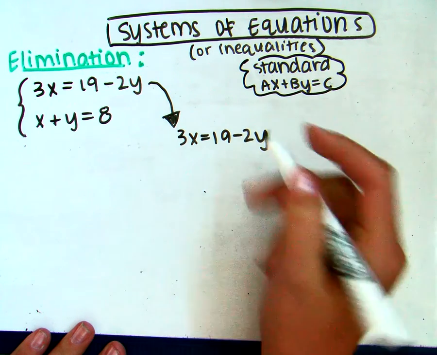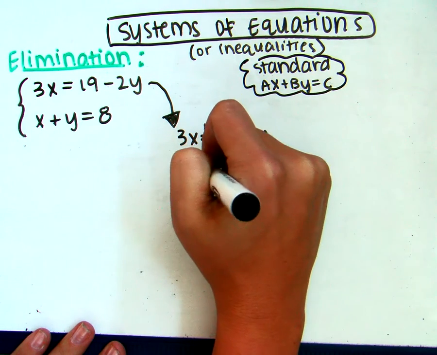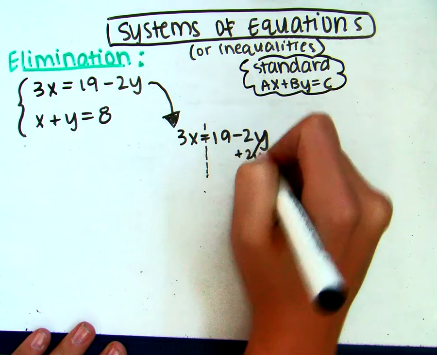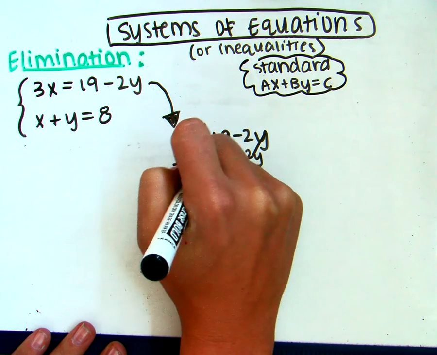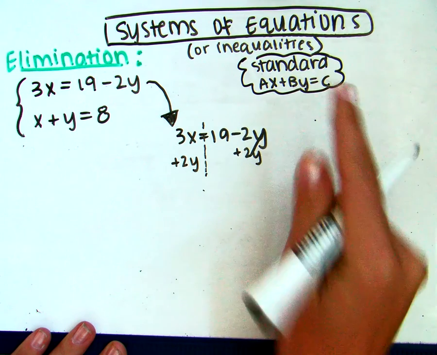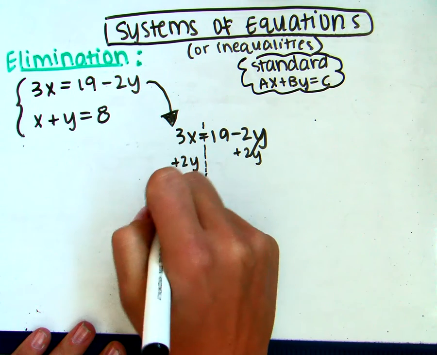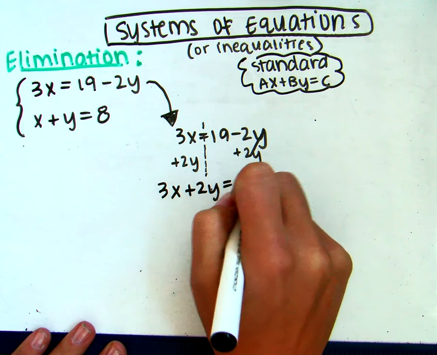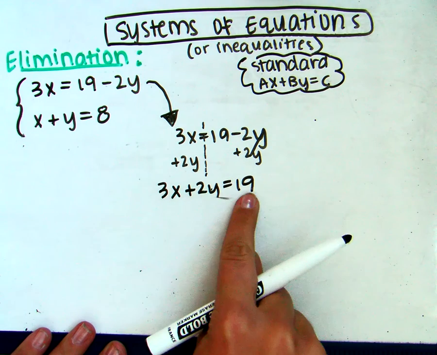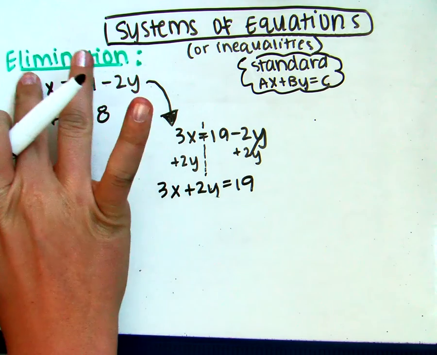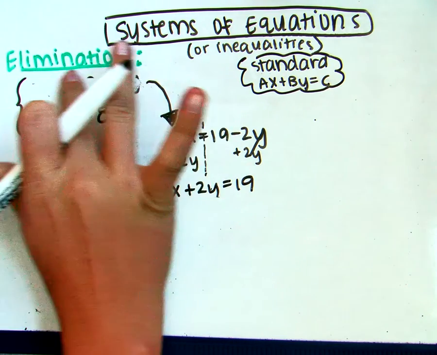If I want to move it to the other side, all I have to do is get rid of it on one side, move it to the other, and if you look up here, I want to write my X first and then my Y. So I'm going to write the 3X first, plus my 2Y equals 19. Now it's in standard form. So now I'm going to rewrite my equation so that it works.